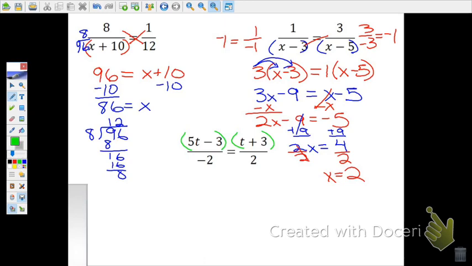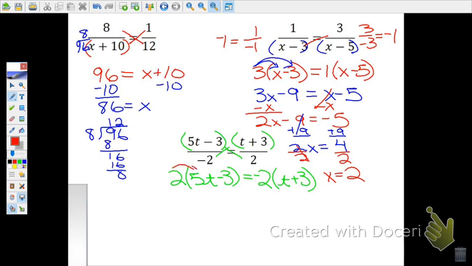And then this last one, again, we're going to have distribution. 2 times the quantity 5t minus 3 equals negative 2 times the quantity t plus 3.